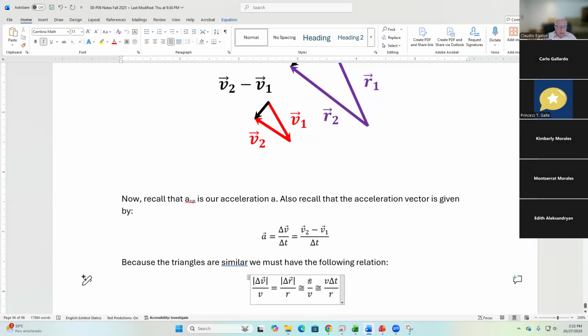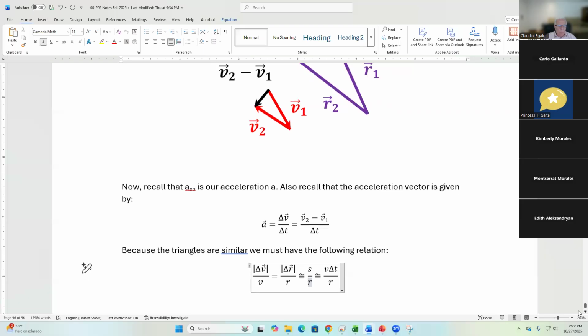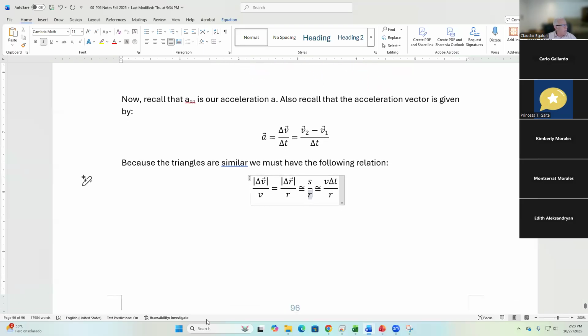Finally, recall that S can be written as V delta T, and that's S over R. So now we are at the point that we can finally get the centripetal acceleration. We are going to use this equation right in here.